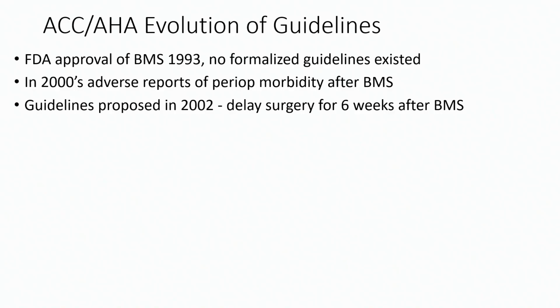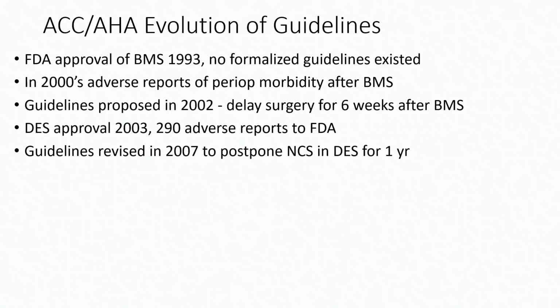and I'll go over a little bit of how they have evolved. So when bare metal stents were approved in 1993, there were absolutely no formalized guidelines that existed. In the 2000s, the adverse event reports came out after bare metal stents that the patients were not doing well. So guidelines were proposed in 2002, and they suggested delaying surgery for 6 weeks in patients that had bare metal stents.